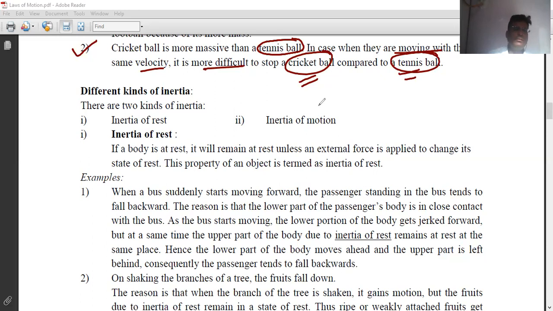So now look at the different types of inertia. First one is inertia of rest. Second is inertia of motion. So first is inertia of rest. If a body is at rest, it will remain at rest unless an external force is applied to change its position or state of rest.